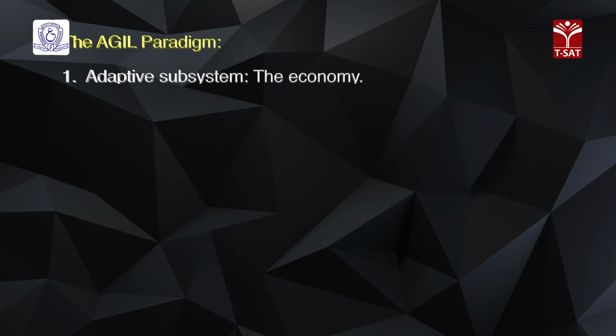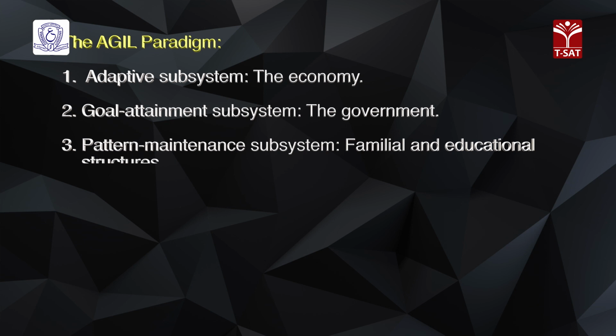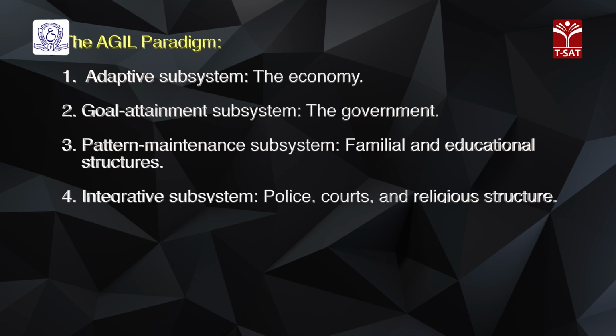1. The adaptive subsystem, which is the economy. 2. The goal attainment subsystem, which is the government. 3. The pattern maintenance subsystem, which is usually done by the familial and educational structures. The fourth one, the integrative subsystem, is carried on by the police, courts and religious structures.